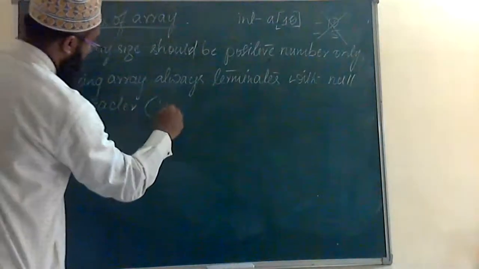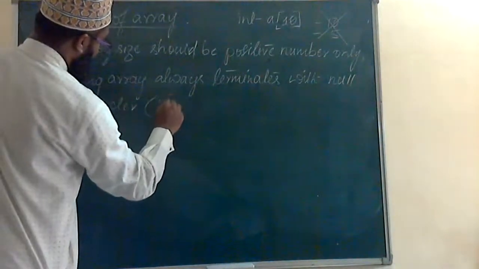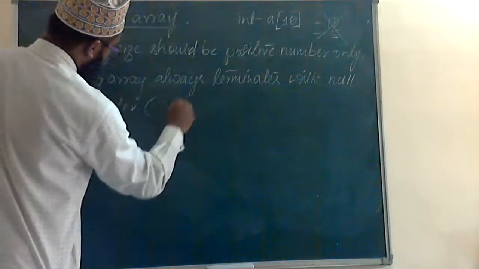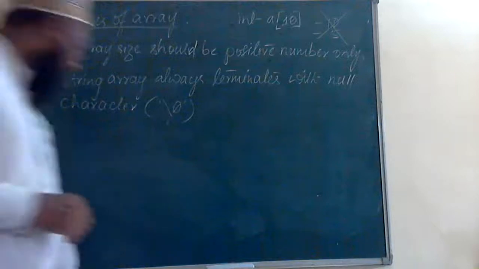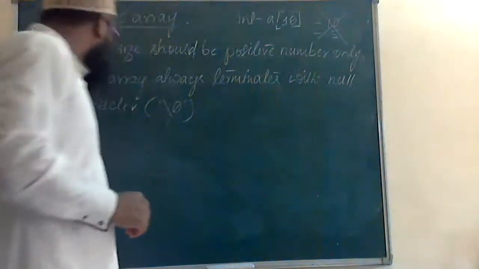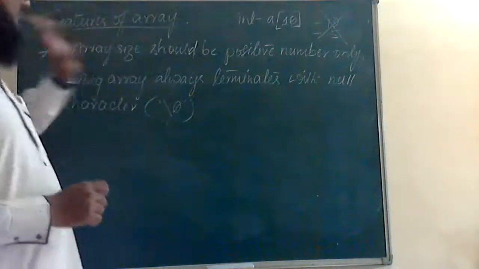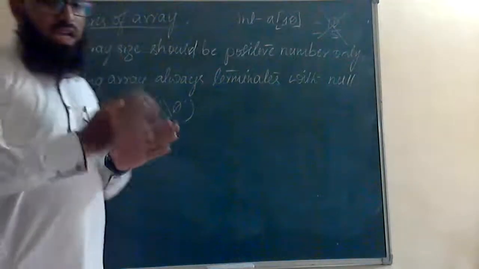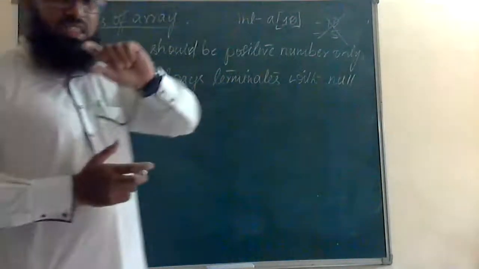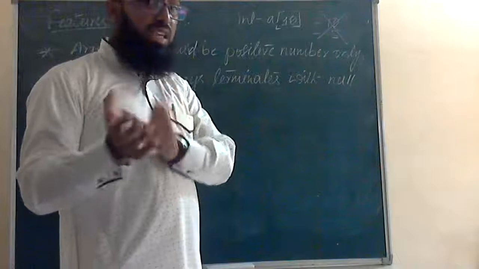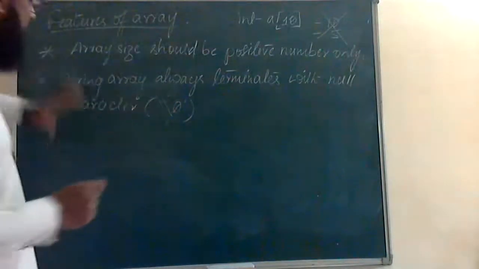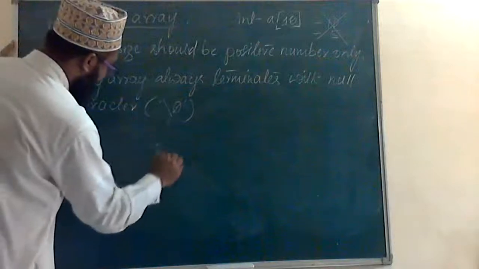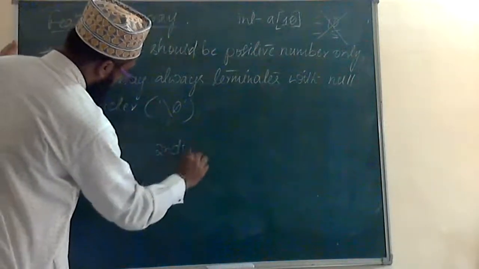Null character means this is /0. So string array. What is character and what is string? Character means it is a single character. String means a sequence of characters. If you write a string array, it means a sequence of characters, just like second PUC.